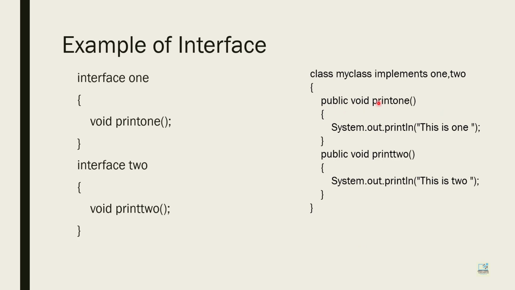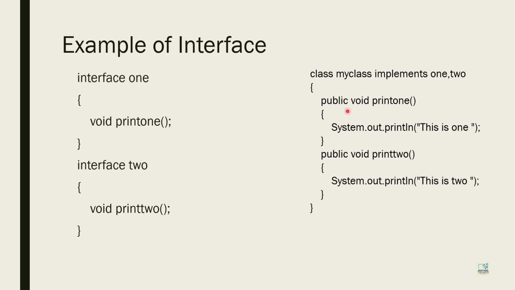So if you define the methods print1 and print2 without writing public, you are making them package, changing the access specifier from public to package. That is not possible. So in the base class, if the abstract method is public, then in the derived class, when you are implementing it, it has to be public.